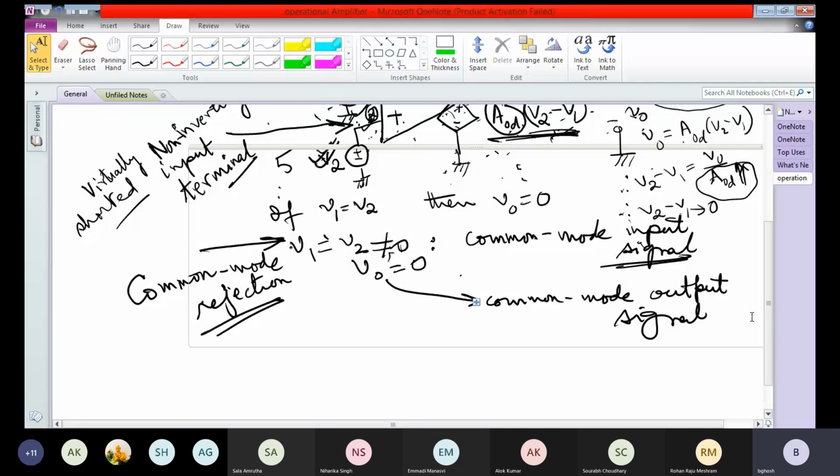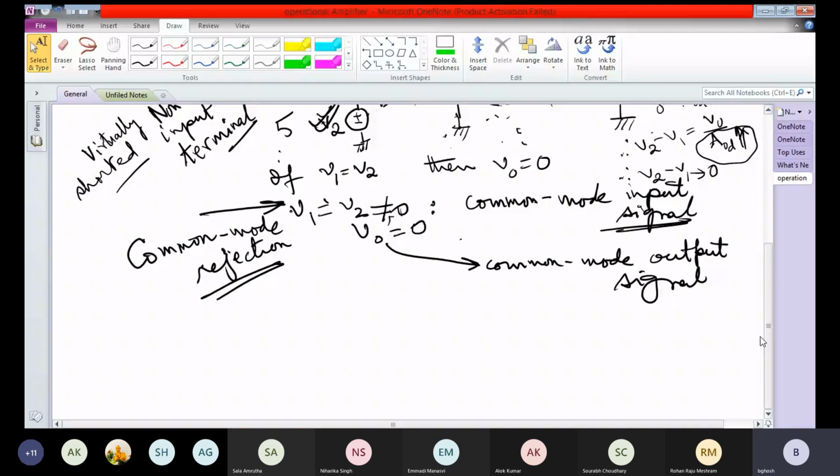So let us consider the other characteristics of the operational amplifier. One characteristic we already know, that the open loop differential voltage gain is infinite. This is the internal differential gain of the operational amplifier.